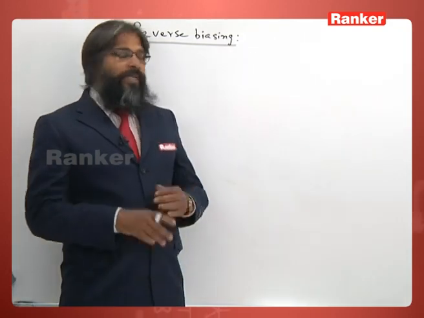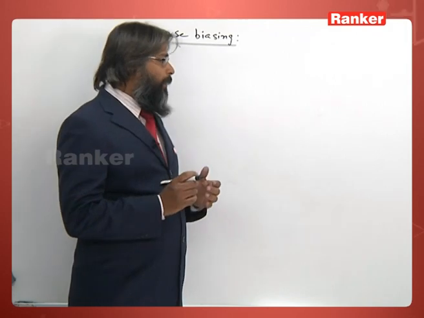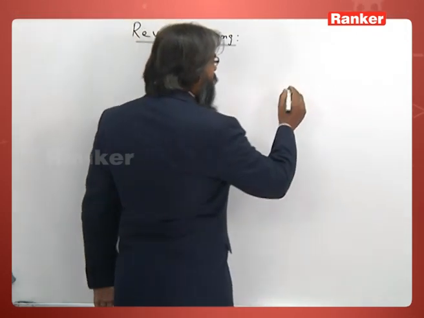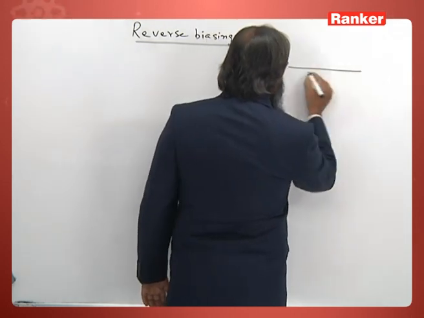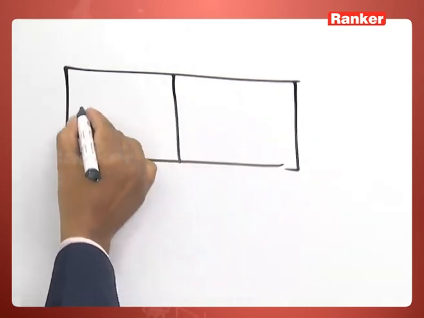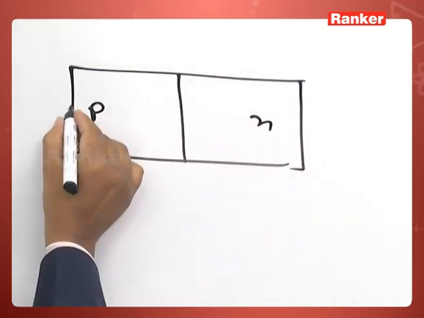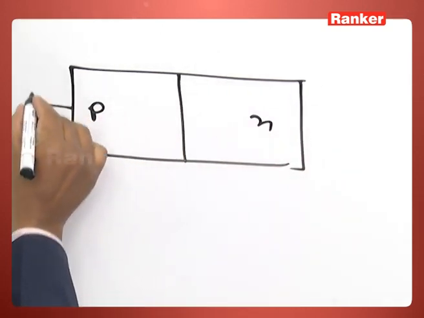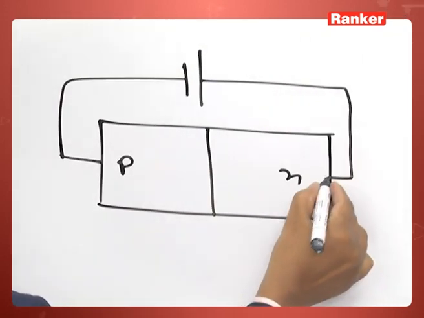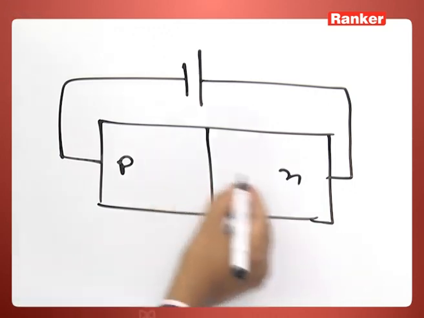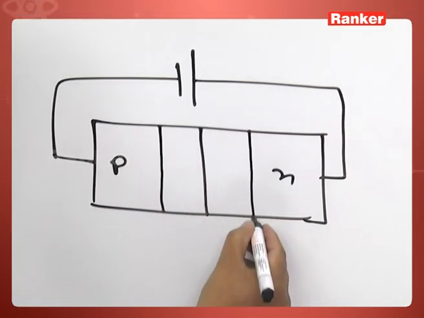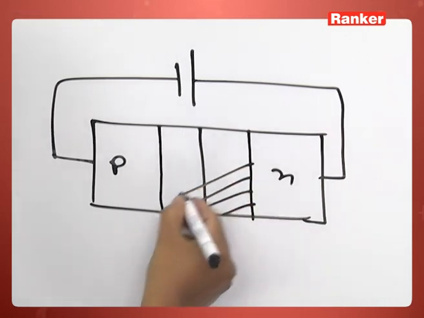Let us summarize the whole reverse biasing now. So now let us summarize the ideas we developed with reverse biasing. This is the state of reverse biasing: we have a p-n junction diode, and when we connect p with the negative terminal and n with the positive terminal, we say it is reverse bias. The depletion layer has increased.